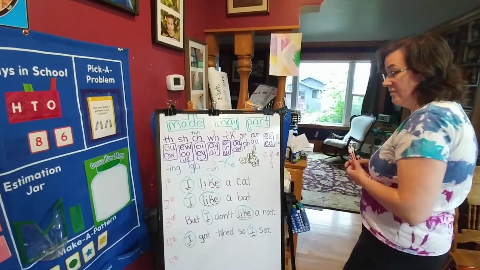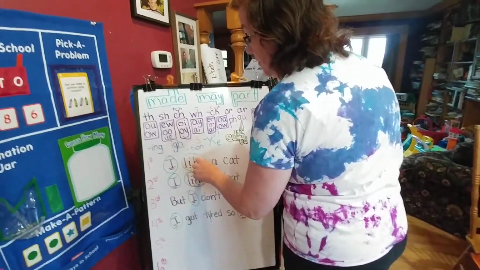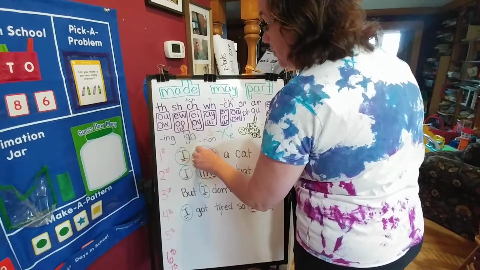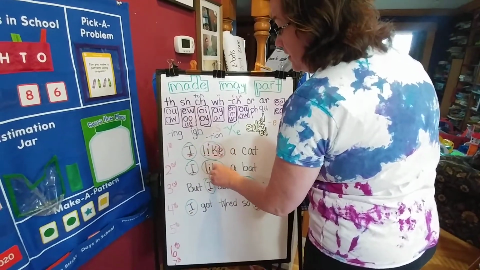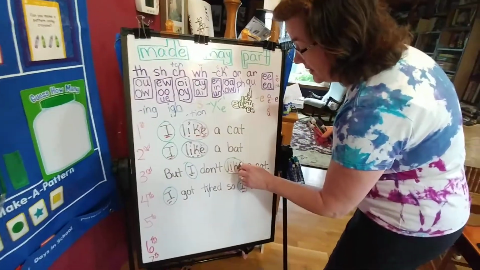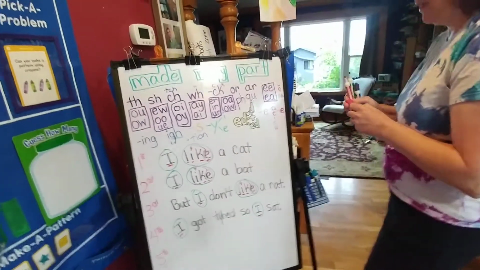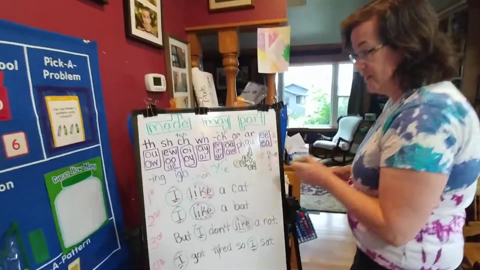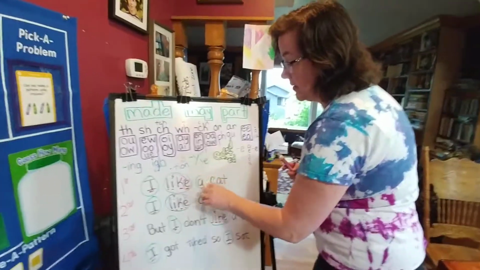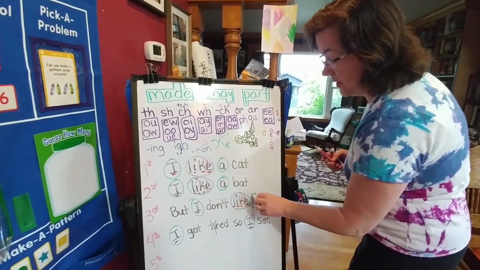And like, of course, we know it's not lick, it's like. That's my silent E. Remember, silent E can only travel one letter to make that I say its name. If it's more than one letter, it's not actually a silent E. It's a wonky E. Okay. Now we have my second favorite sight word, a. How many A's? 2, 3.